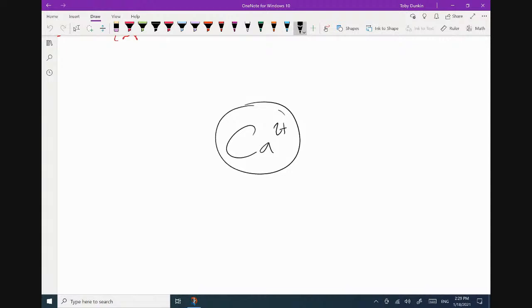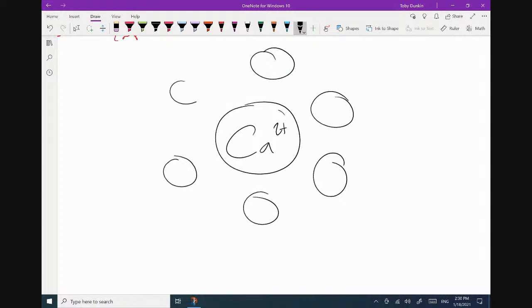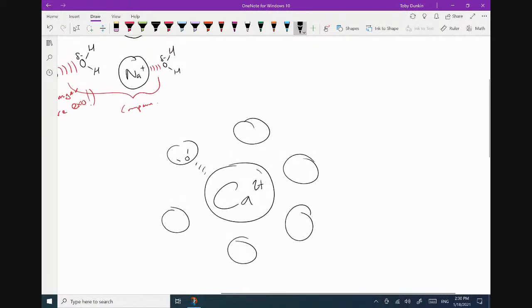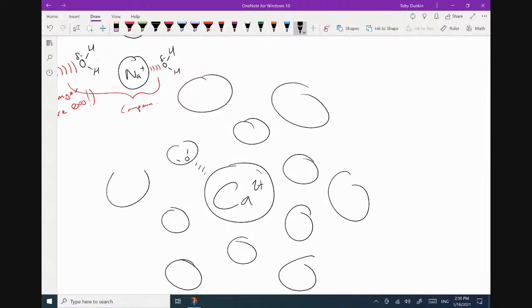You actually get multiple layers. You'll have water molecules in layer 1 with their oxygens pointing towards it. But then they'll have another layer of water molecules around it. I think magnesium does about 18 water molecules. Does that make sense? You're just getting these layers of hydration because there are lots of these waters, because it's just an attraction.